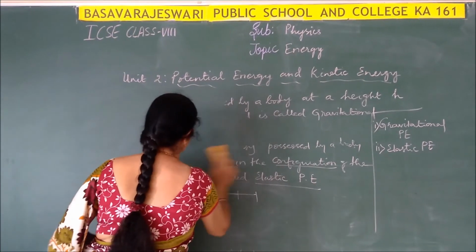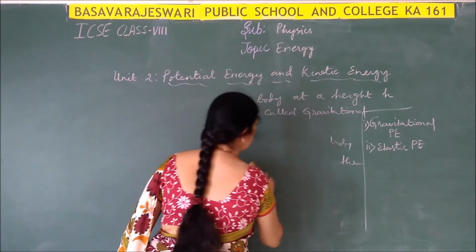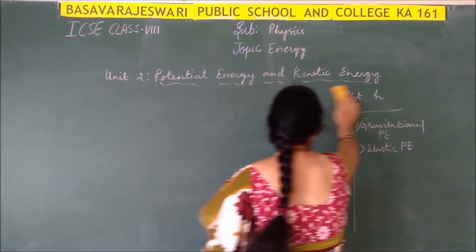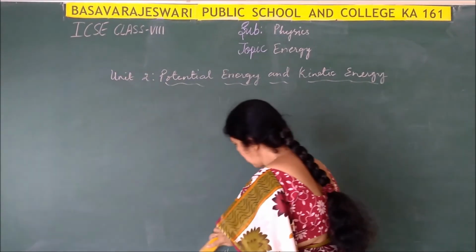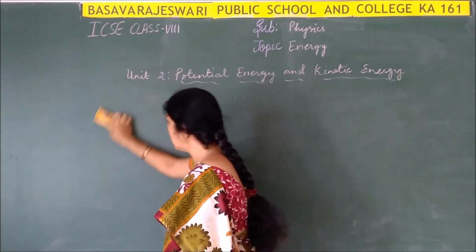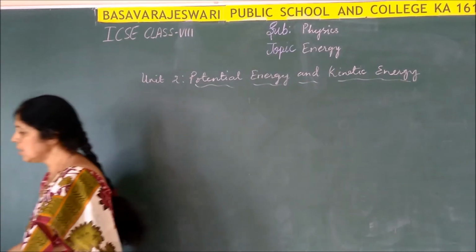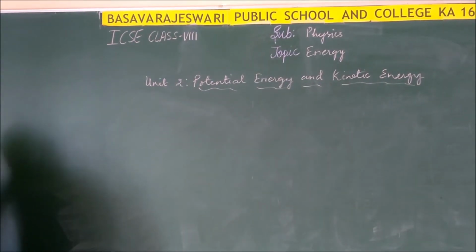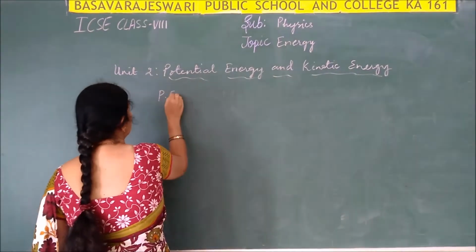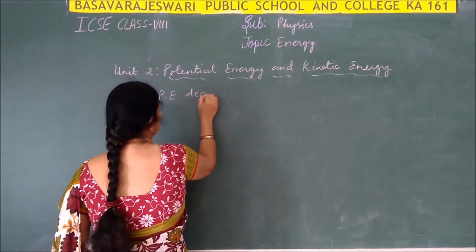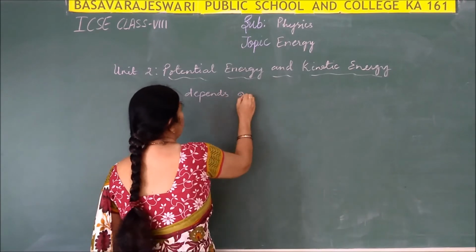So finally what we have learned, the energy stored in the body will depend on two factors. Which are those two factors? One is the distance or the height of the body from the ground level and the other is change in the configuration. So now write down, potential energy depends on two factors.